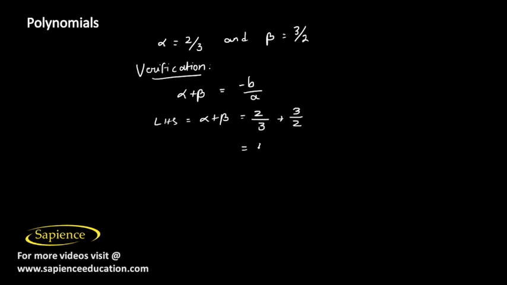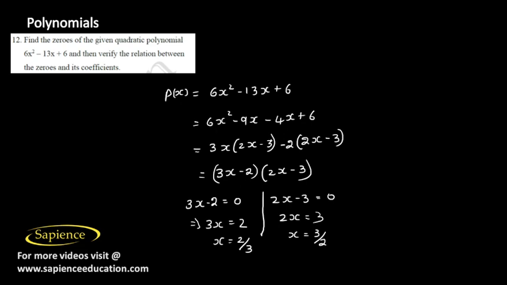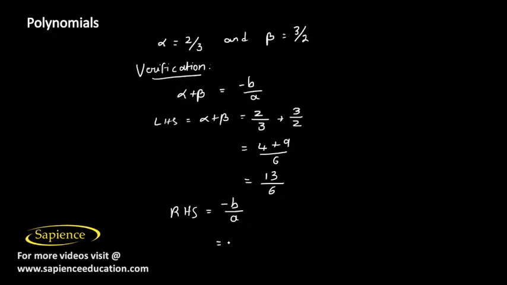By cross multiplication 4 plus 9 by 6, which is equal to 13 by 6. Now the right hand side is minus b by a. From the polynomial, coefficient of x is minus 13, which is equal to minus of minus 13 by coefficient of x square is 6, which is equal to 13 by 6. LHS is equal to RHS. Hence verified.